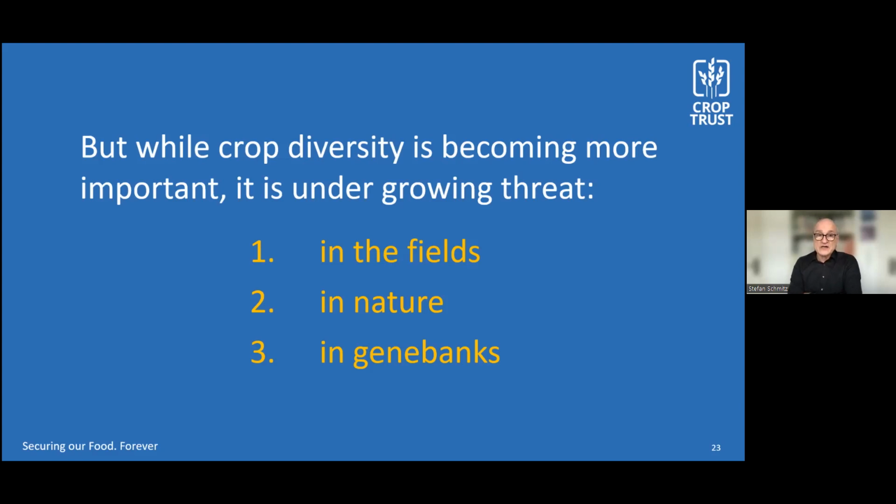And the crop wild relatives are likewise important when it comes to identifying genetic traits that help us breed new varieties with certain properties, to be more resilient, more nutritious, higher yielding, and so on. And they are under growing threat in gene banks, as long as those gene banks are not properly funded. This is one of the concerns, and that is where the Crop Trust comes into play. Next slide, please.